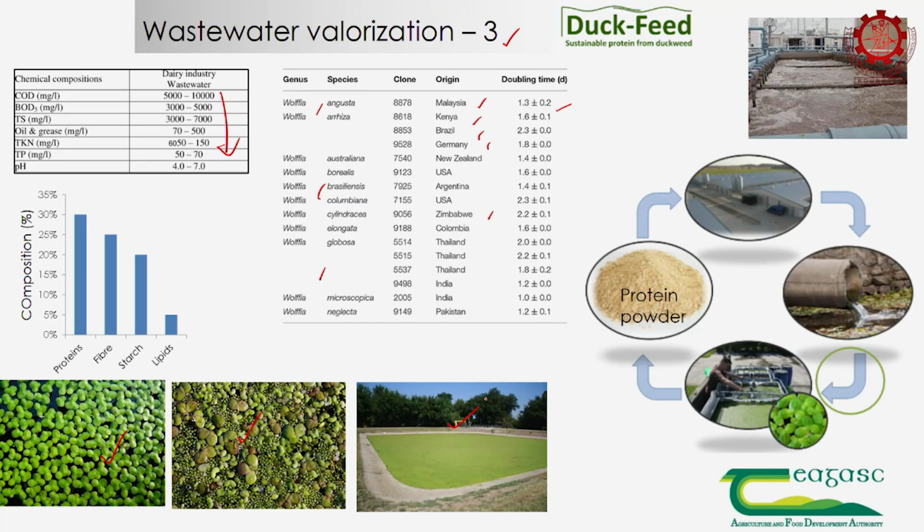We will be covering this in detail when we go into duckweed production, and I'll show you some of those live examples. Water, instead of being discharged, goes for duckweed cultivation, a very similar type of tank, and you get a protein powder. And this duckweed contains almost 30 to 35% protein on a dry basis. Moisture content over 90%.